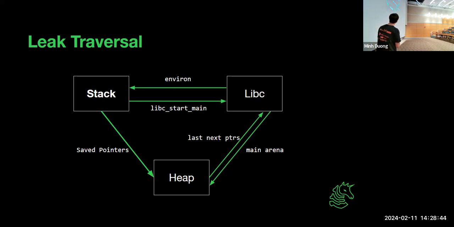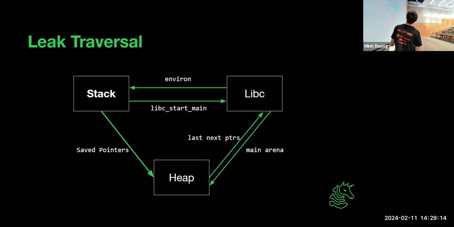So if you're in the heap, the free chunks' last next pointers, remember where I said it points to where the free list starts? That's in the main arena structure that libc holds. So the last next pointer in a structure will really point to a pointer stored within libc. And likewise, those bin addresses in libc are then pointing back to somewhere in the heap.